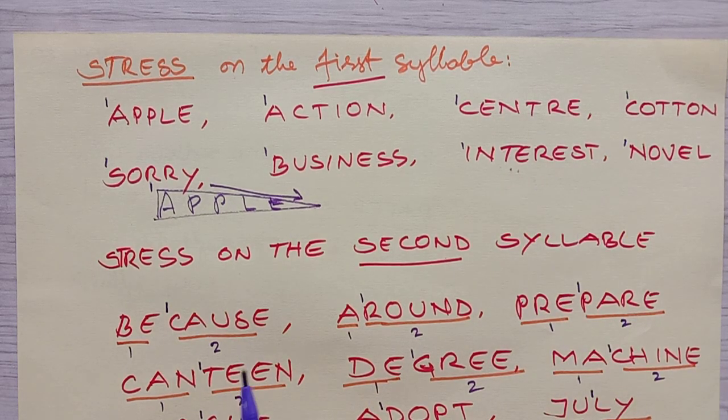Similarly, here we have disyllabic words that have stress on the second syllable, like because, around, prepare, canteen, degree, machine, forgive, adopt, July.